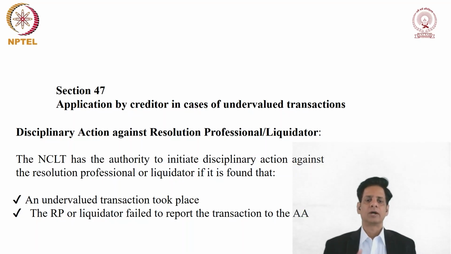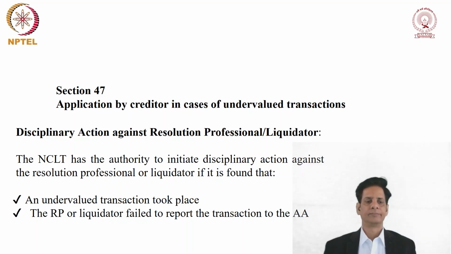Hence, if the adjudicatory authority feels that the resolution professional or liquidator is at fault and there should be a disciplinary action against them, then the NCLT will ask the board or the insolvency professional agency to look into the disciplinary aspects of the liquidation professional.